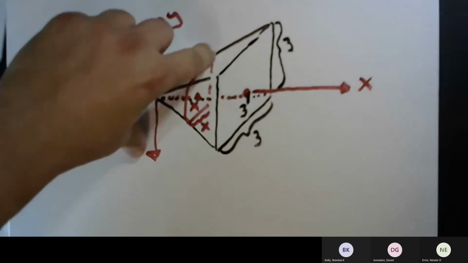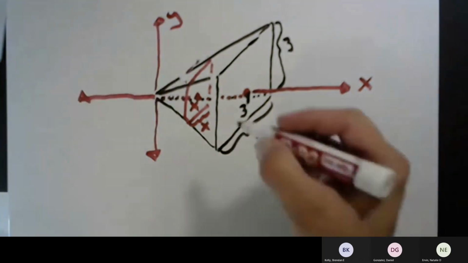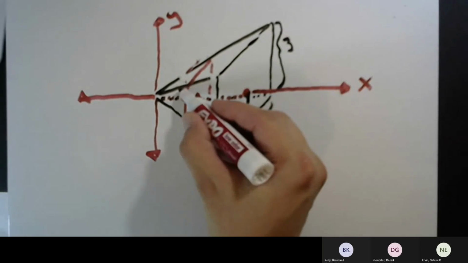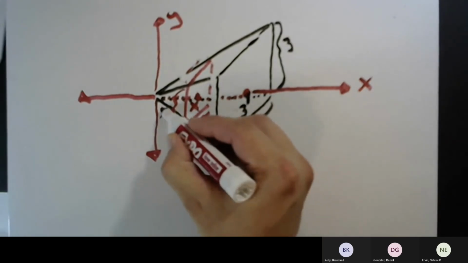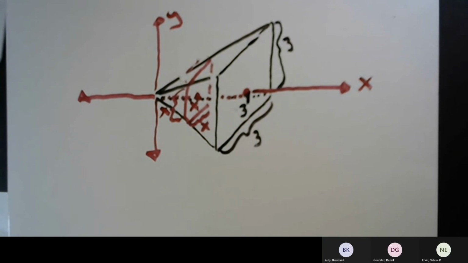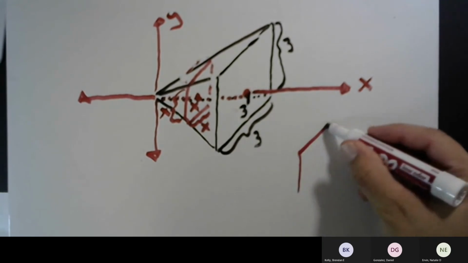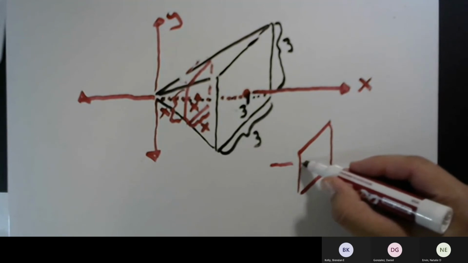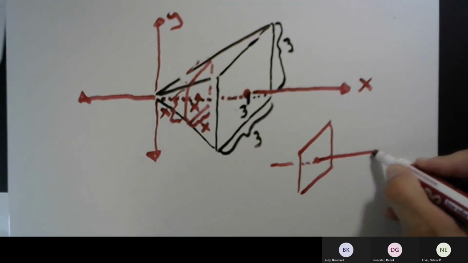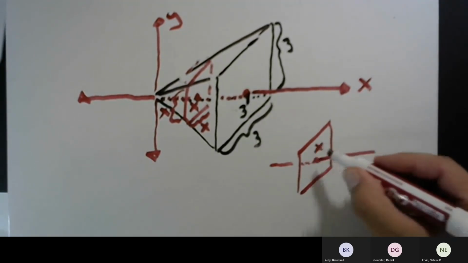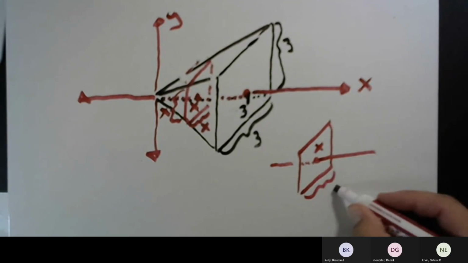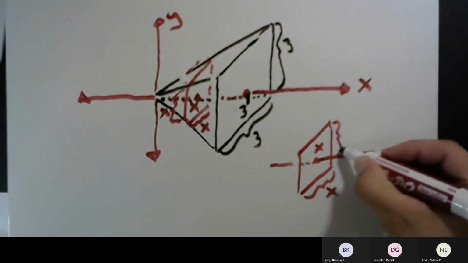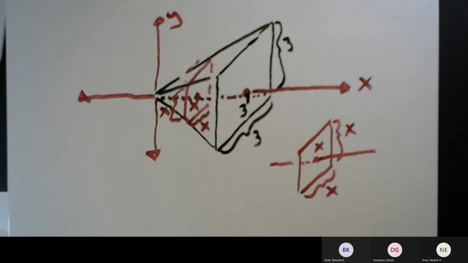Ooh, let me do this a little differently. So basically what's happening, if we're popping out at x, the cross section is x by x.